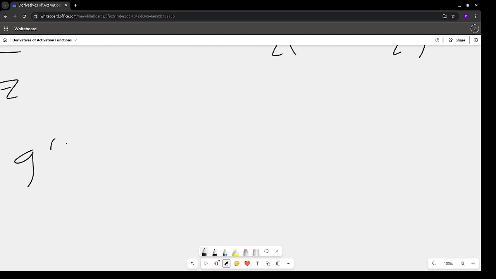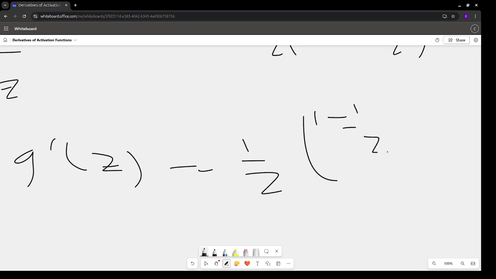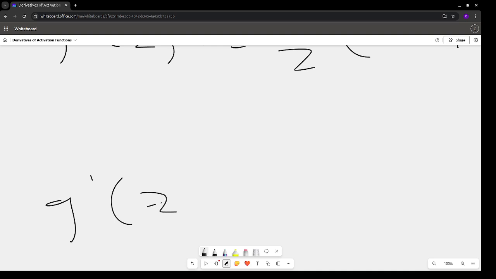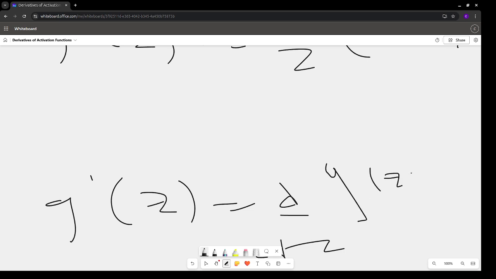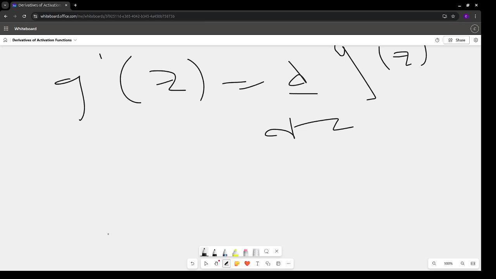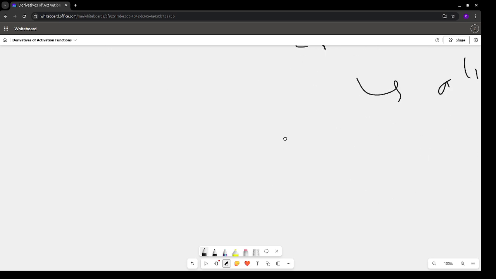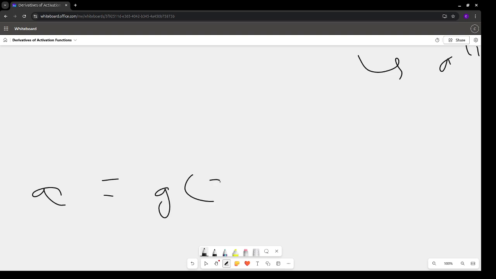So g dash z is equal to 1 by 2 times 1 minus 1 by 2, equals 1 by 4, and then g dash z is going to be equal to d by dz of g of z, which will be a into 1 minus a, where a is g of z equals 1 upon 1 plus e of negative z. So that's our sigmoid function, right?